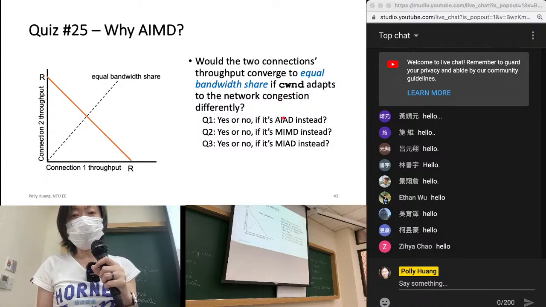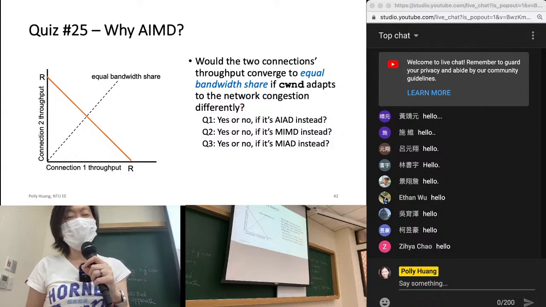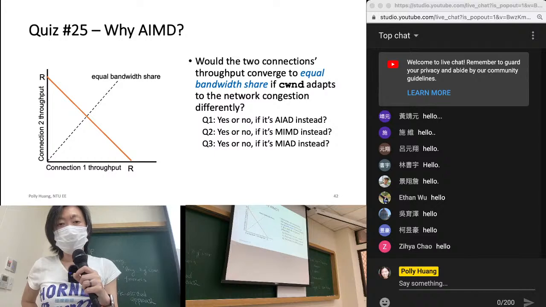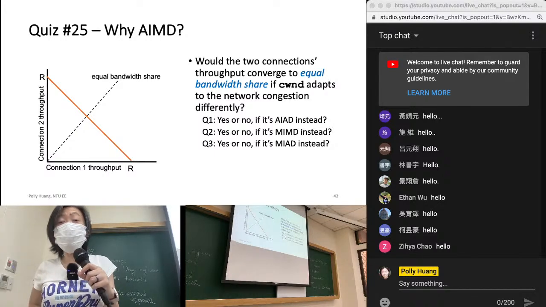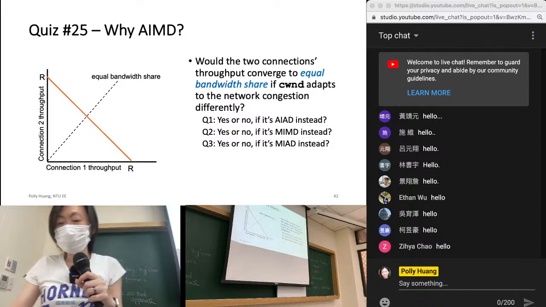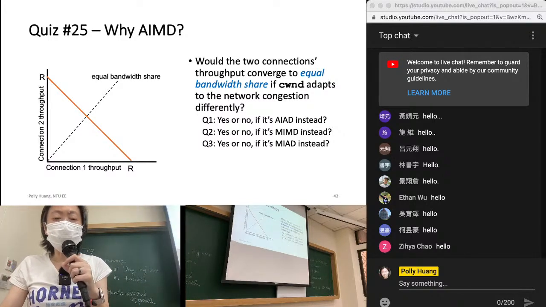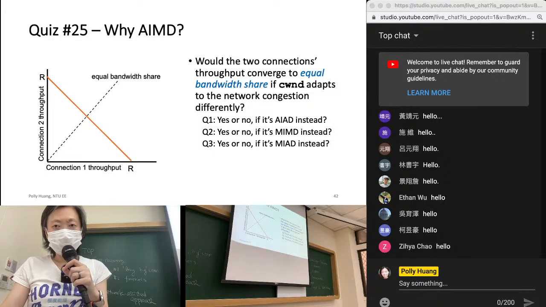Q1, what if the congestion window size is adapted this way? AIAD, additive increase, additive decrease. Q2, what about MIMD? Multiplicative increase and multiplicative decrease. And what about the last one, Q3? MIAD.